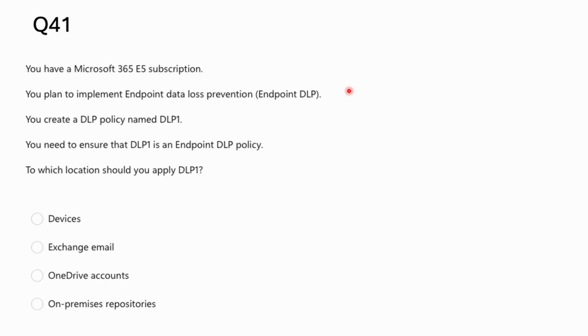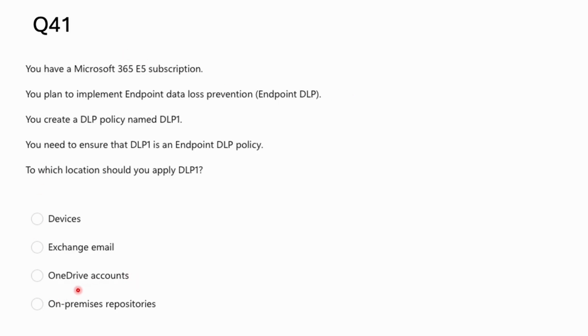Why? Because endpoint DLP extends DLP capabilities to endpoints like Windows 10, 11 or Mac operating system devices. So when you create a DLP policy and select devices as a location, it becomes an endpoint DLP policy. And then it will allow the policy to monitor and protect data on onboarded devices, like restrict copying sensitive files to USB drives, block printing, and such things.